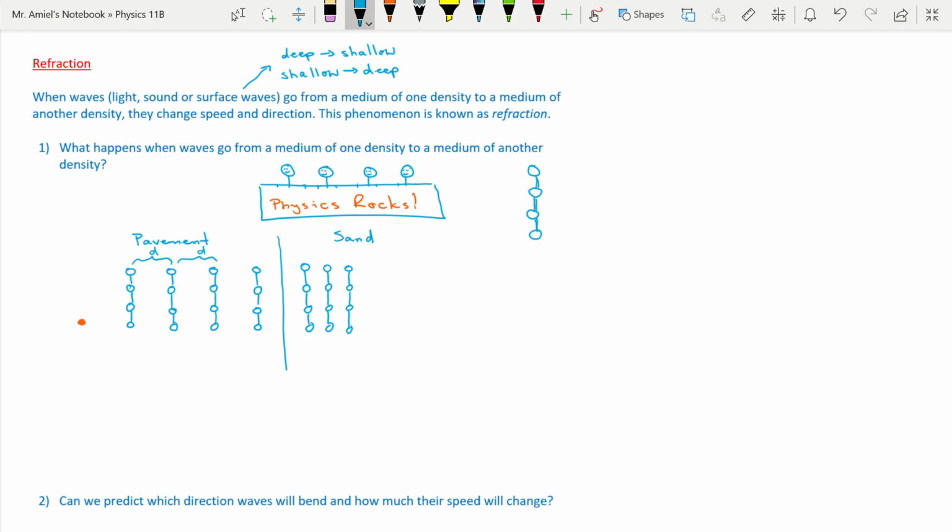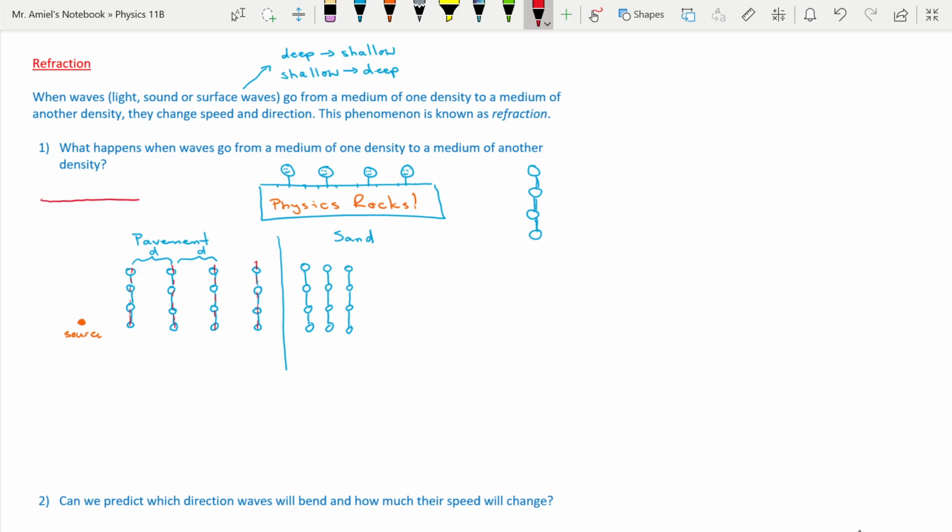Now, if we think about this in terms of waves, what we have is some sort of source here sending out these waves. These are going to act as our wave fronts. So another way to think about these is if we were thinking of these as a sine wave.